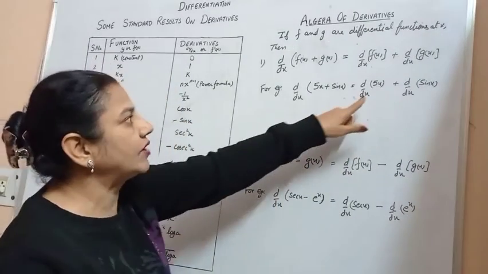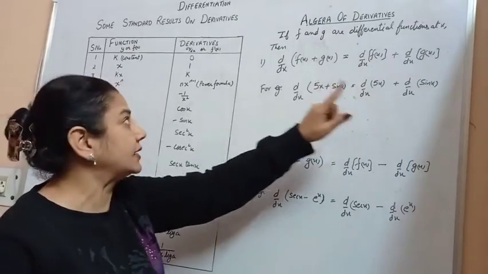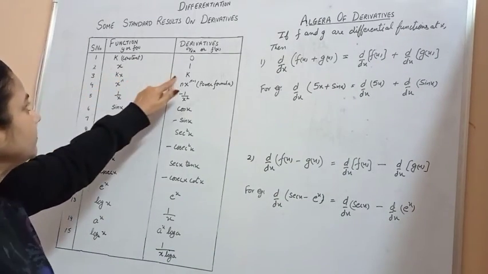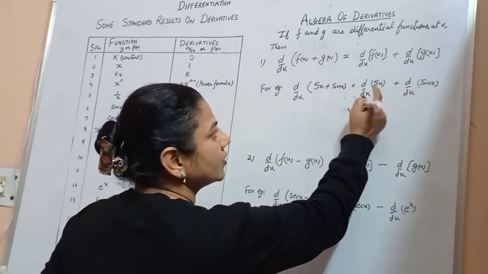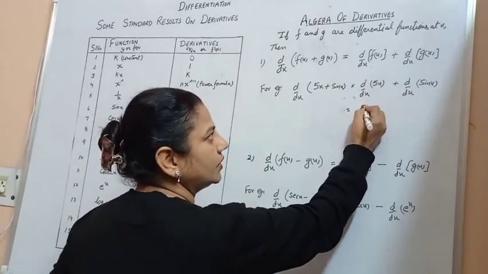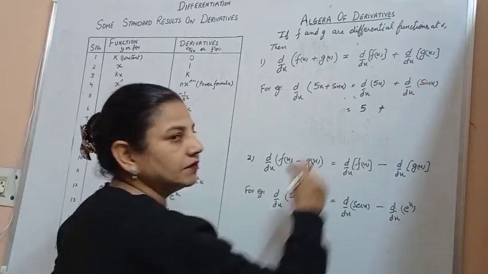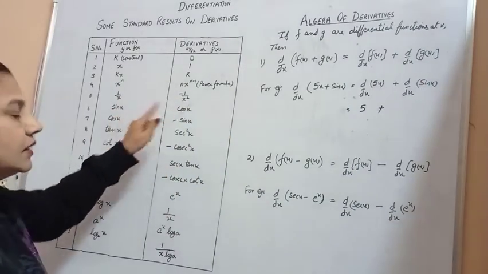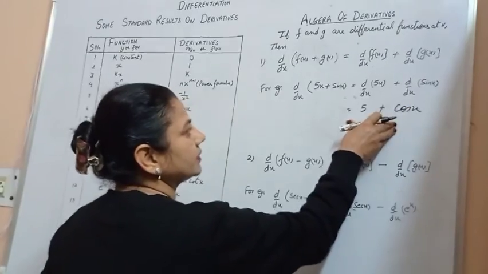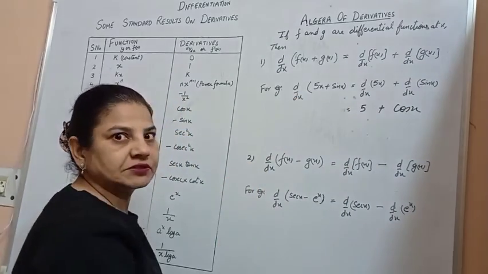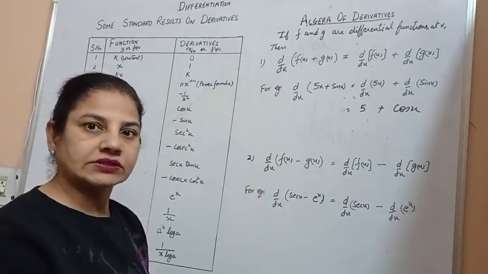Now see, 5x means a constant function with x, and a constant function times x gives the result as the constant k. So here 5x gives the constant 5, plus the derivative of sin x, which is cos x. So the derivative of 5x plus sin x is 5 plus cos x.